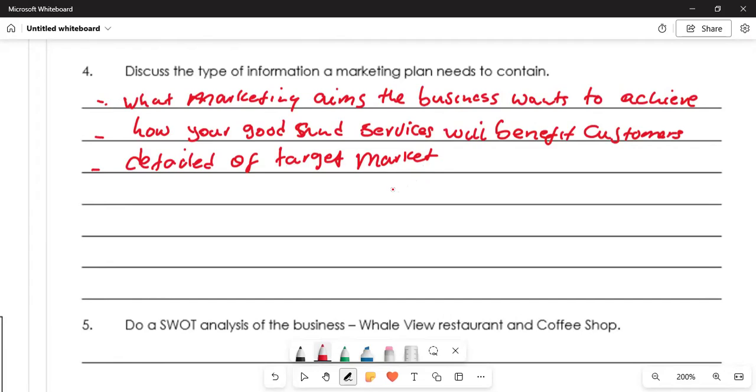Also, information about your competitors and a plan for how you plan to stay ahead of them. So you need details about your competitors.